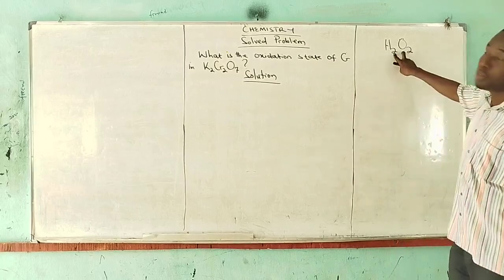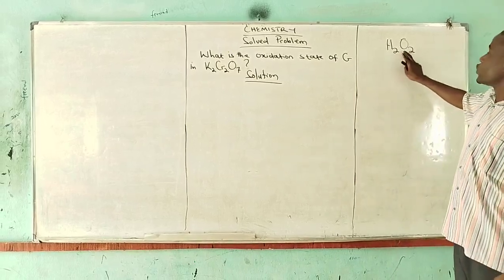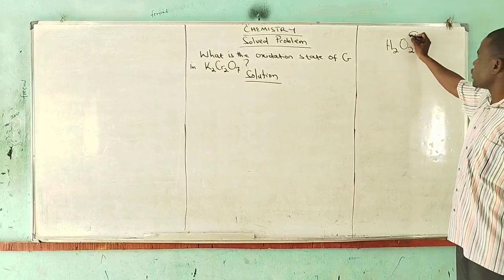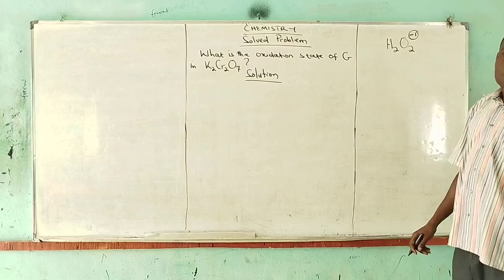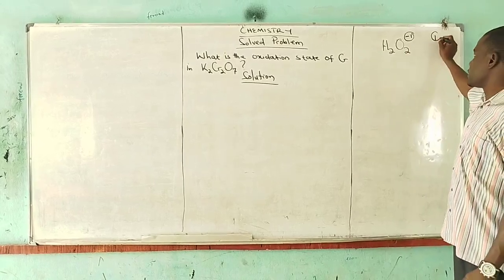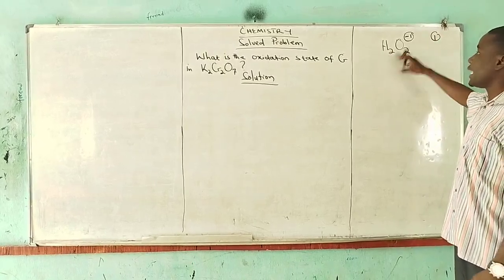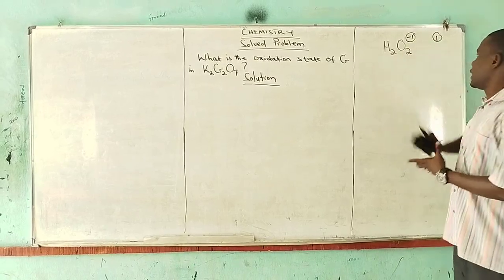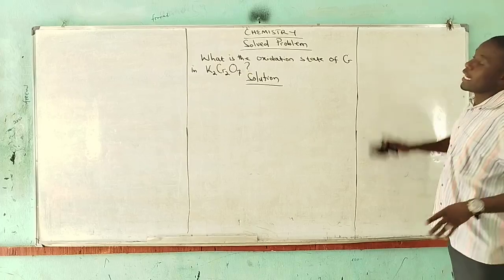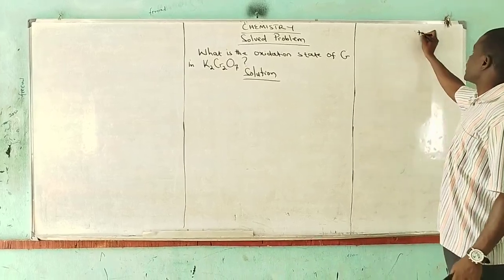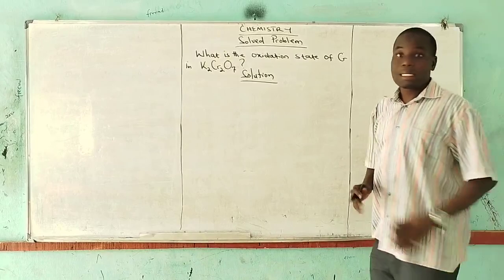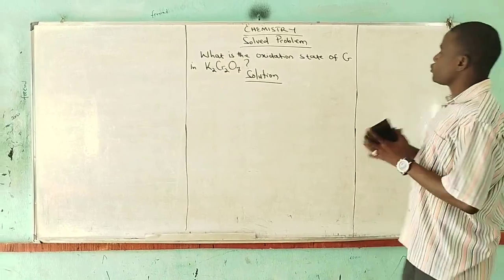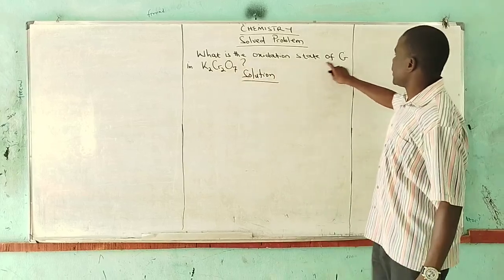Misali hydrogen peroxide. So the oxidation number of oxygen there is -1. And the oxidation number of hydrogen is +1, except in metallic hydrides. Group 1 elements, that is alkali metals, have an oxidation number of +1.